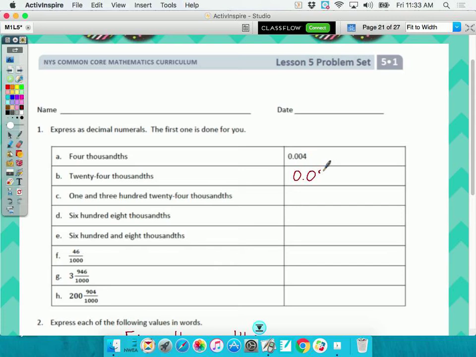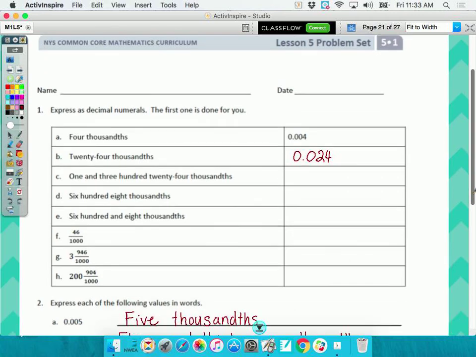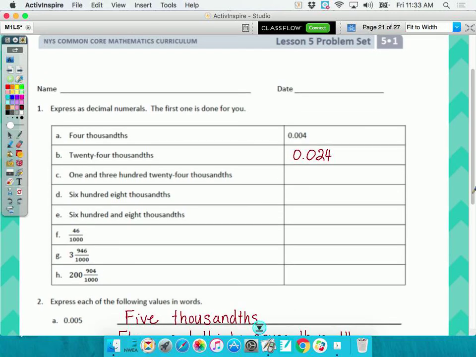Good. 0.024. How do you say that number, boys and girls? 24 thousandths. Okay, the next one, 1 and 324 thousandths. Should you have your pencil in your hand? Oh, I guess if you're fixing a mistake on that one, yes.